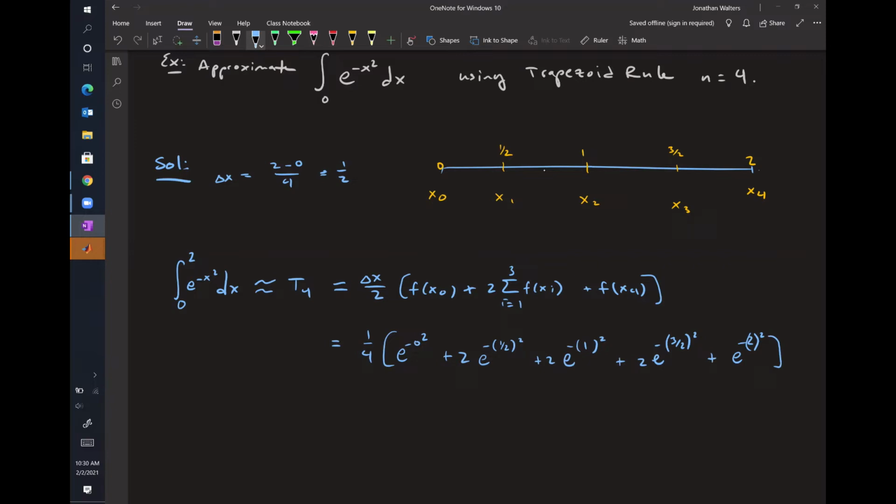So basically just evaluating my function e to the negative x squared at each x value, 0, 1/2, 1, 3/2, 2. And the ones in the middle get a coefficient of 2. So they're all multiplied by 2.